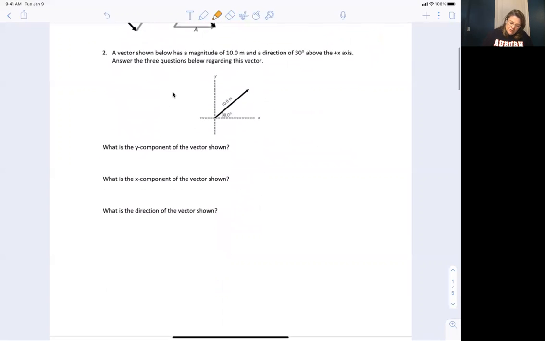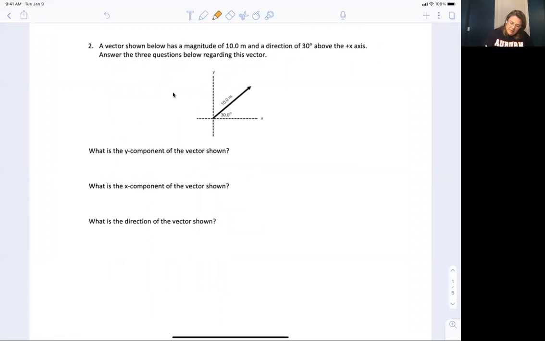Okay. A vector shown below has a magnitude of 10 meters and a direction of 30 degrees above the x-axis. Answer the three questions. What is the y component, which is the vertical component of the vector? And what is the x component, which is the horizontal component? So I can find my y, which is equal to the hypotenuse times the sine of 30 degrees using my SOHCAHTOA relationships.